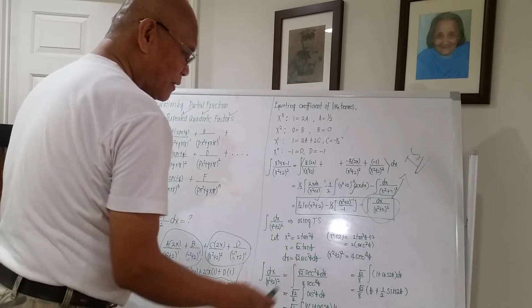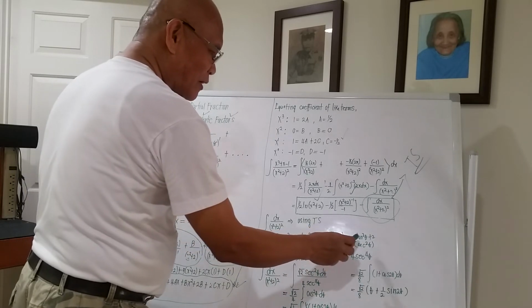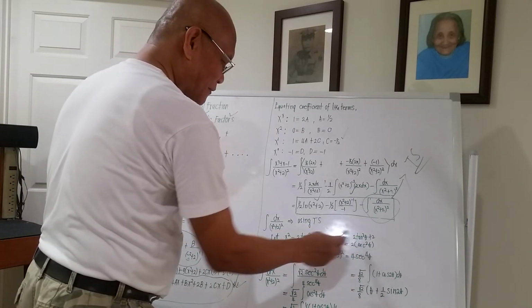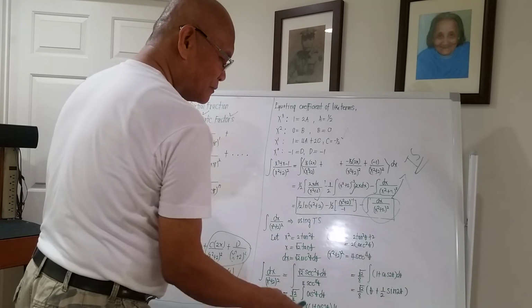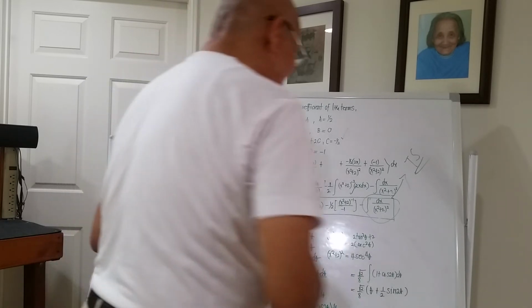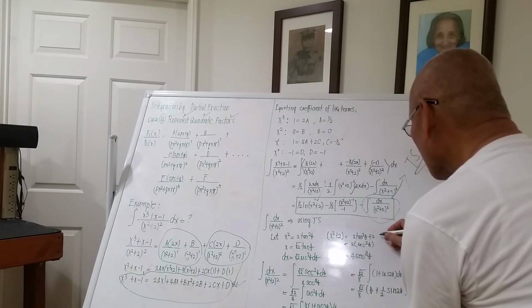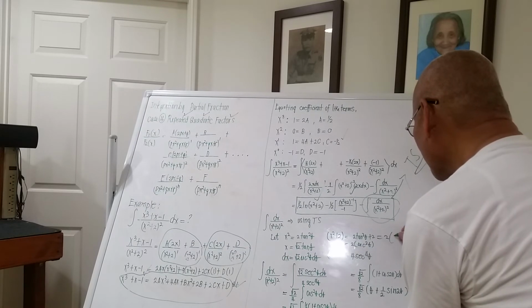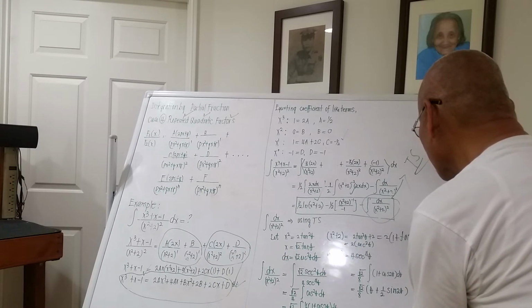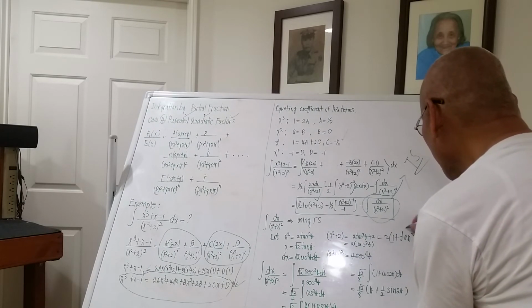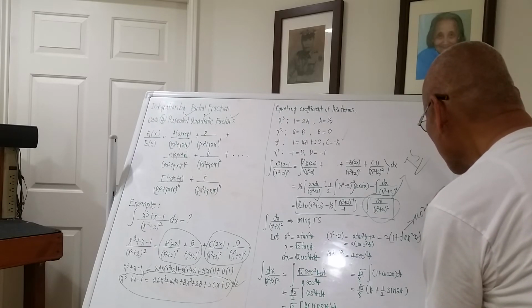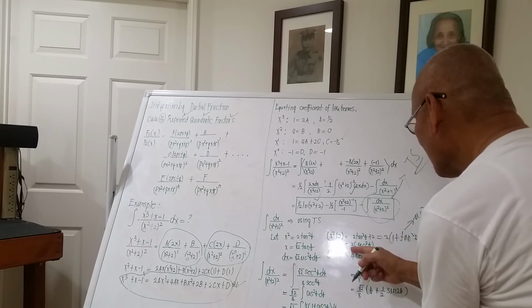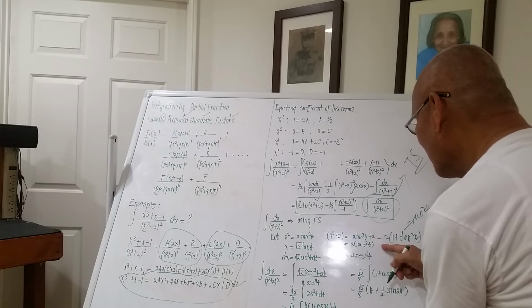X squared is actually 2 tangent squared of theta, plus 2. Then we factor out, this will be equal to 2 times (1 plus tangent squared of theta), and this is secant squared of theta. So this is 2 secant squared of theta.